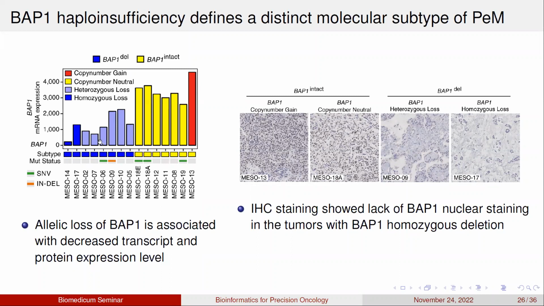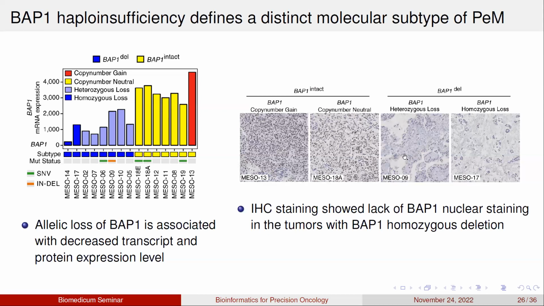We also validated this at the level of protein, where we conducted IHC staining on the tissue for BAP1 nuclear staining. And you can see for BAP1 copy number gain, there was lots of staining for BAP1, and this is for copy number neutral, and this is for heterozygous and homozygous loss, where there was no or very little staining for BAP1.